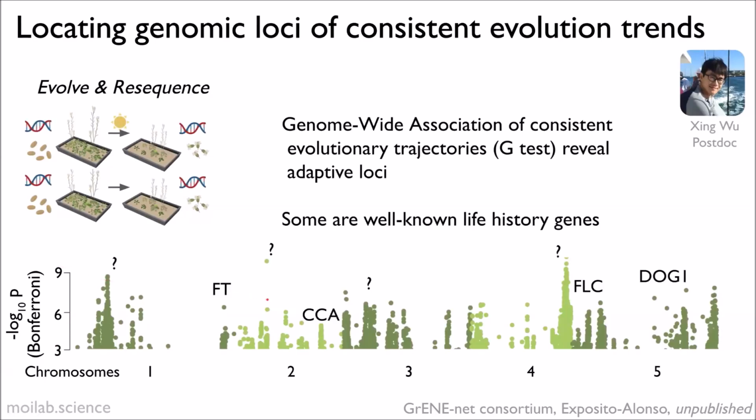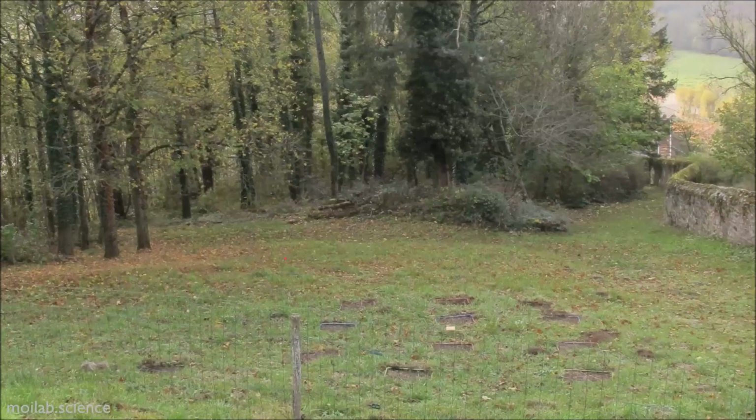And we see some of the typical suspects, loci involved in flowering time and dormancy, but also very high peaks of loci that we're yet to know. So we're looking into that. But the power of GreenNet is not just that it is very high scale, that we have this unique evolve and resequence over time data, but it is this.